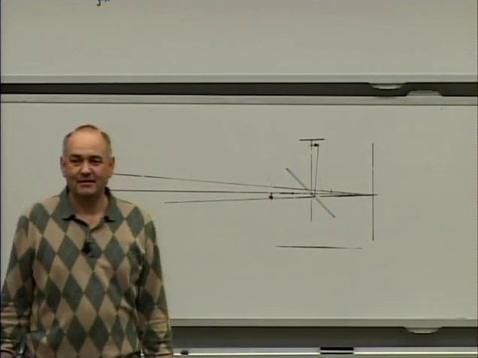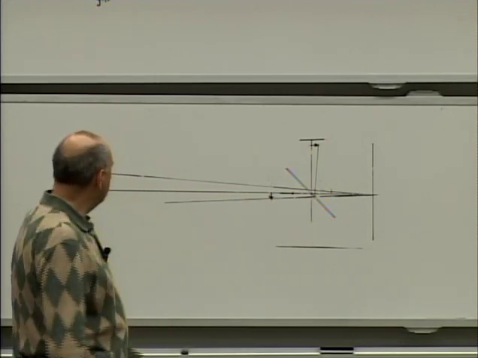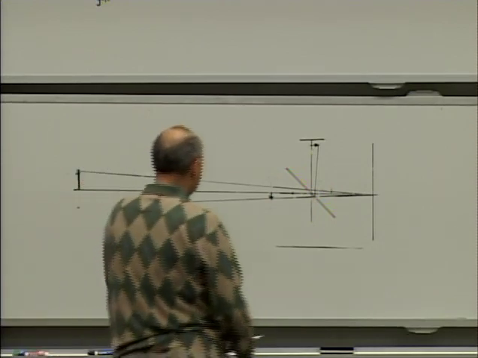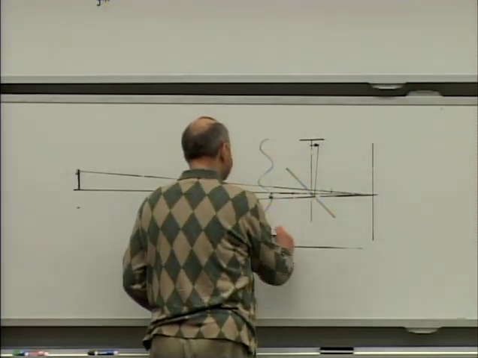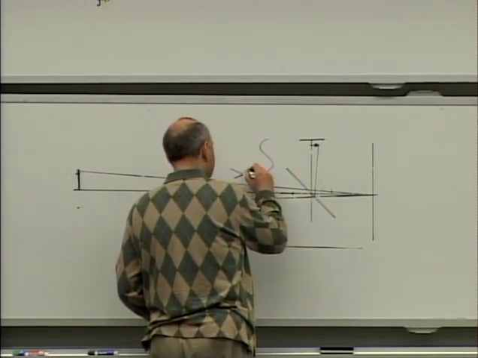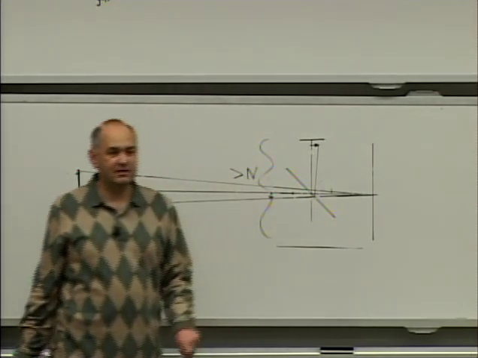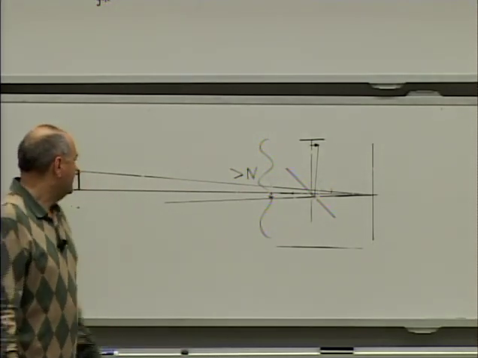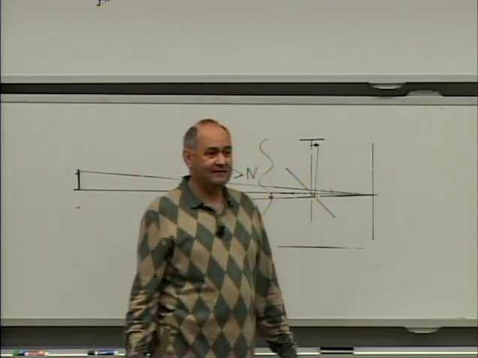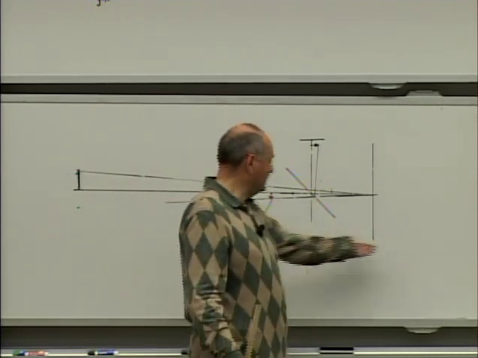So, how big is the image going to be? I know that this is the distance greater than the distance to the near point. How big is the image going to be now? Let's draw the final image.